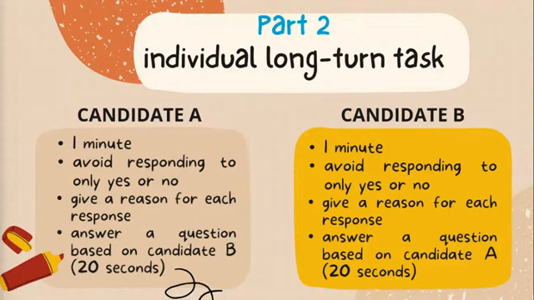After student A talks about his or her topic, student B has to answer a question based on student A's topic in 20 seconds. Please do not encourage your students to respond only with yes or no. We have to train our students to at least give their response in complete sentences, and you have to give a reason for your response.